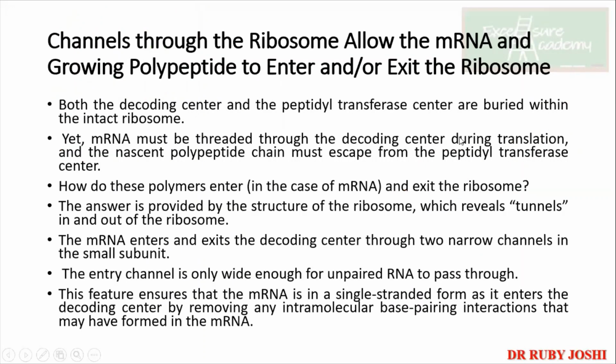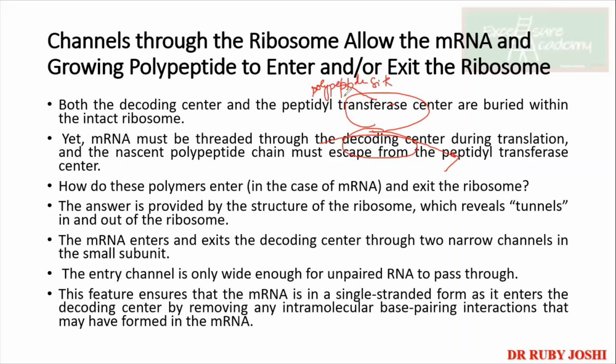Now there are certain channels present on the ribosome which will allow your mRNA as well as the growing polypeptide chain to enter or exit the ribosome. So yes, this is also required to be understood by us कि आपके 50S and 30S में a space should be there so that your mRNA can exit, and on the 50S subunit you need to have a channel from which the polypeptide chain can also exit.